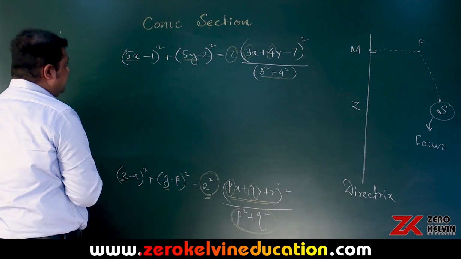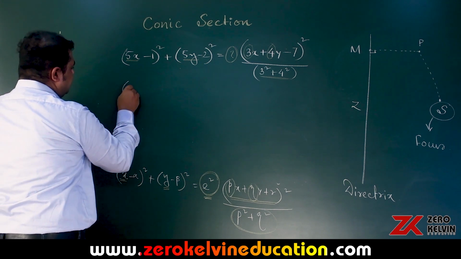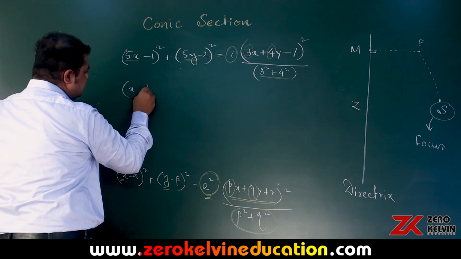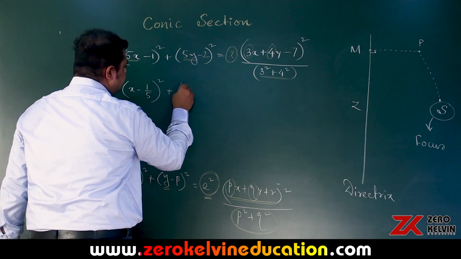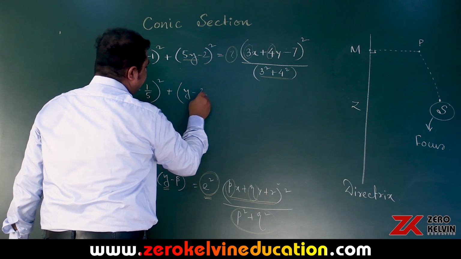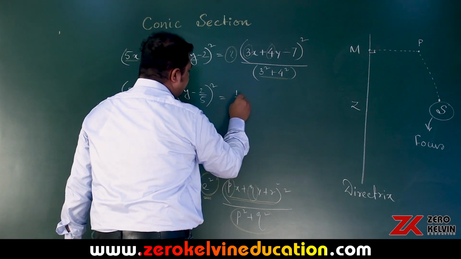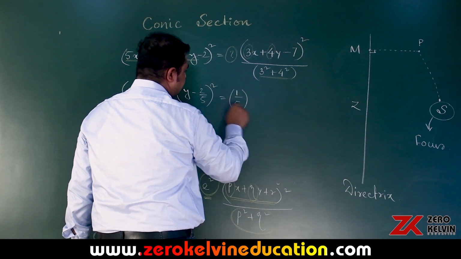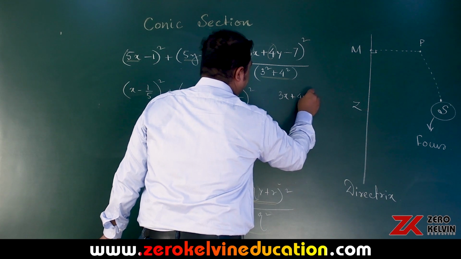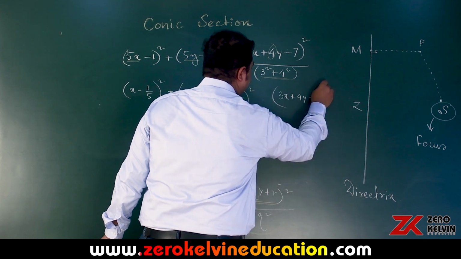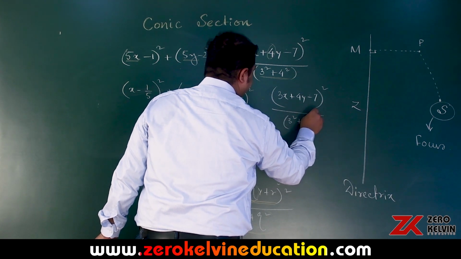So if we proceed by dividing the whole equation by 5², that will change the appearance into (x − 1/5)² + (y − 2/5)² = (1/5²) × (3x + 4y − 7)² / (3² + 4²).